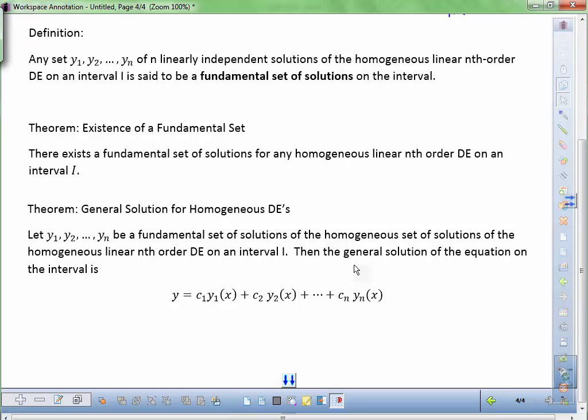So if y1, y2, all the way up to yn are all solutions and they're linearly independent, then those are your collection of fundamental solutions. And if you put them together, then you get the general solution. Okay? If one of them is missing, then you don't have the general solution yet.